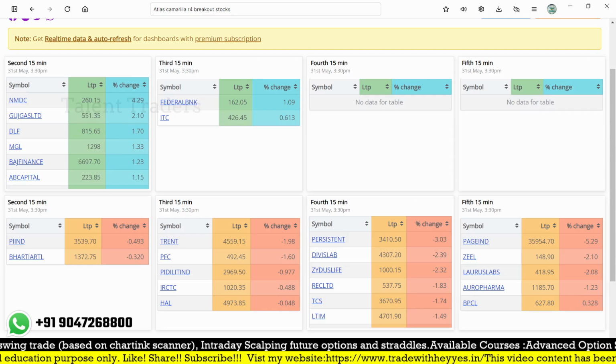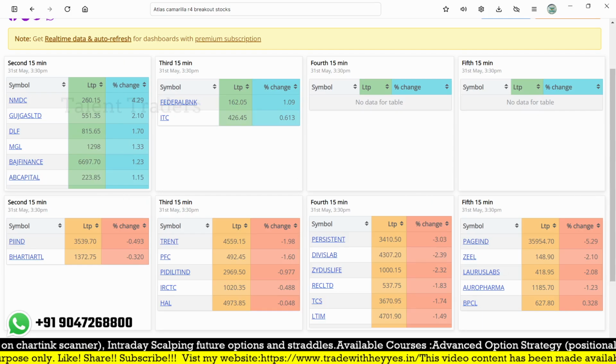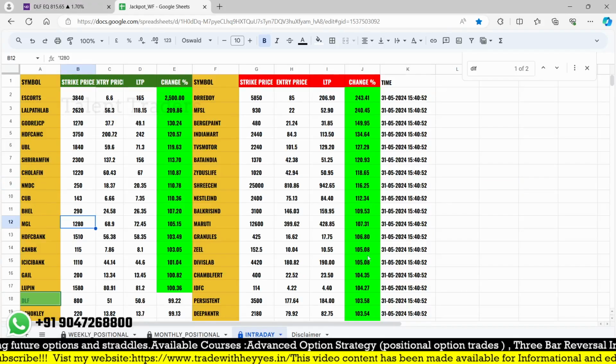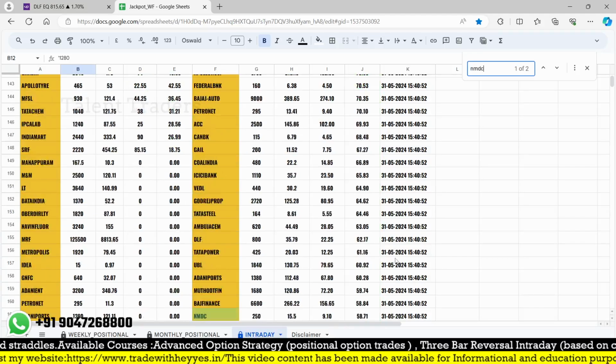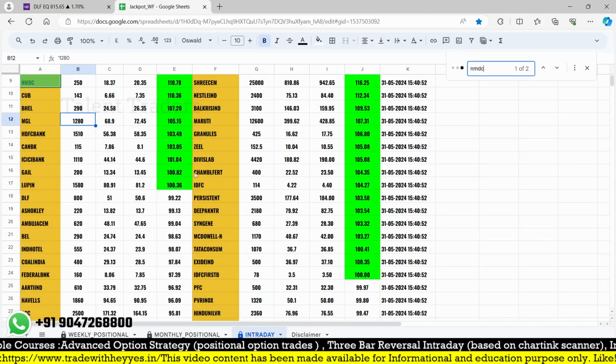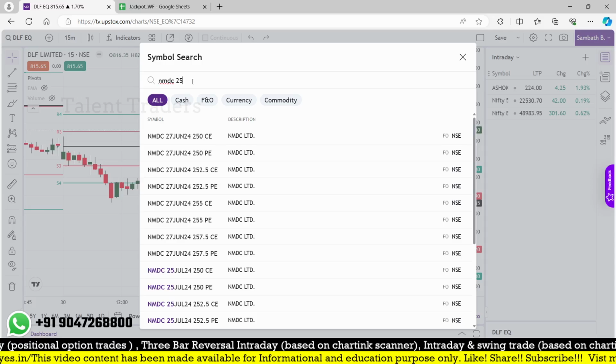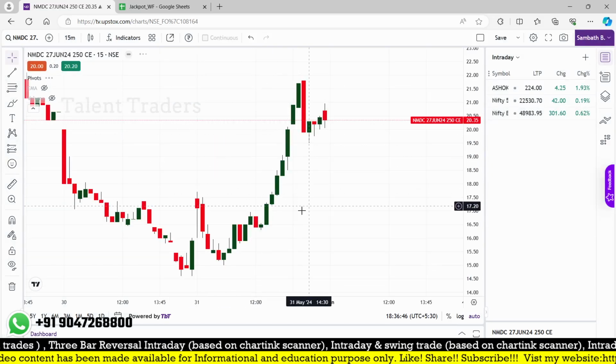Like NMDC, 260 is the closing price. Is NMDC there anywhere in our sheet? Let me check NMDC. The NMDC 250 call option is our strike price, 18 to 20.